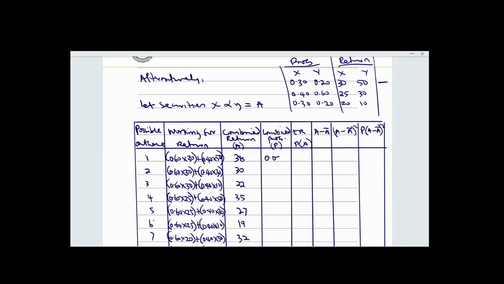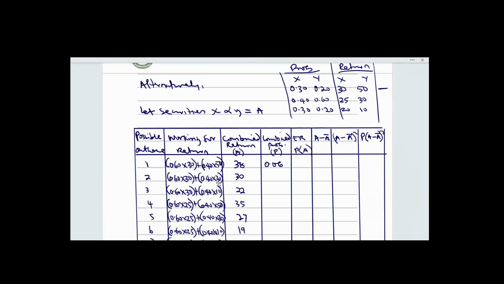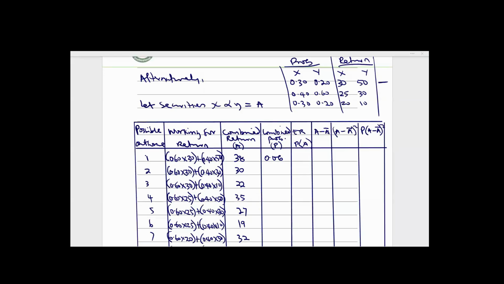Here is 0.06. So the probability of the second return for X is still the same thing as 0.3. Probability of 30 return for Y is 0.6. Therefore, I would say 0.3 multiplied by 0.6. That should give 0.18.